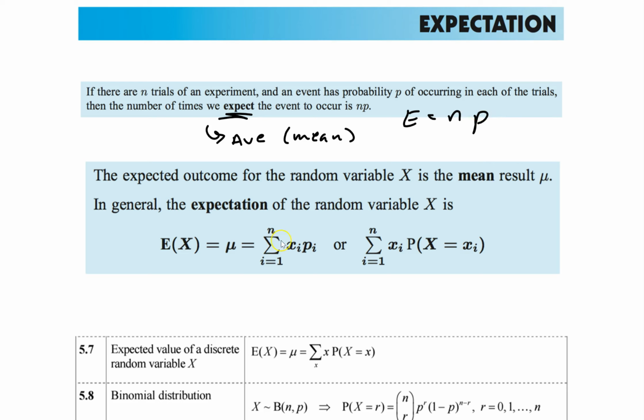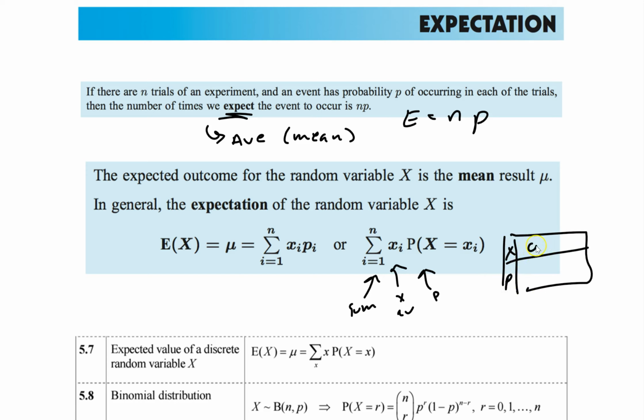If I give you a table, then we're going to use this formula right here. It looks fancy, but just break it down. Remember, it's the same thing we always do. That just means sum. That means x, your random variable. And that's the probability. So if I give you a table with x and p, where x is 0, 1, 2, and p is 5%, 2%, 3%, and that adds up to 1.